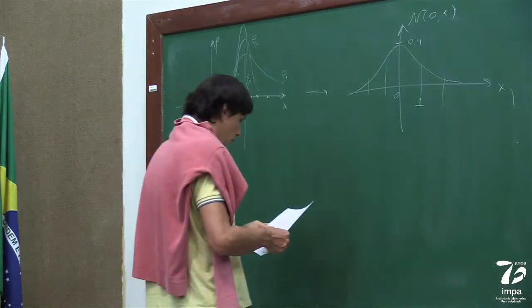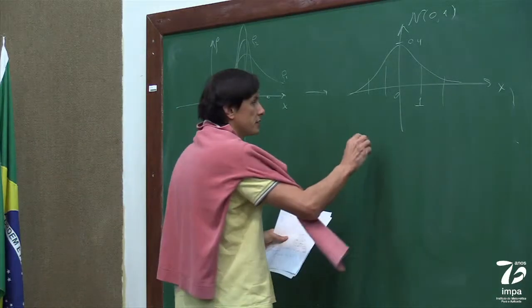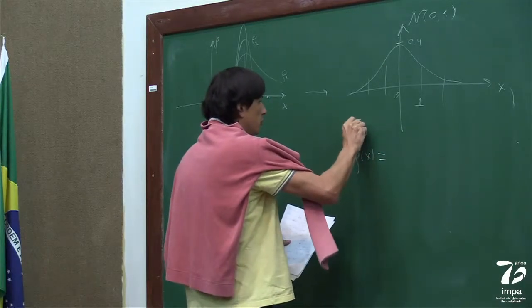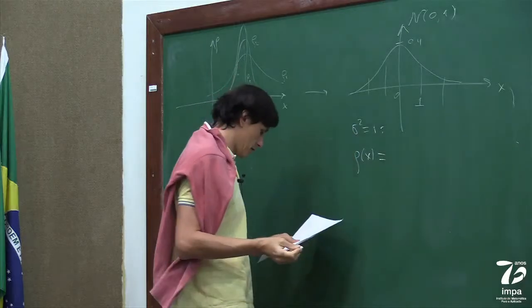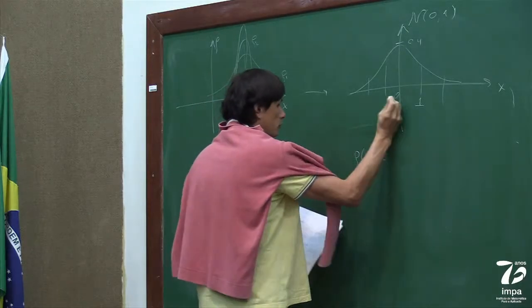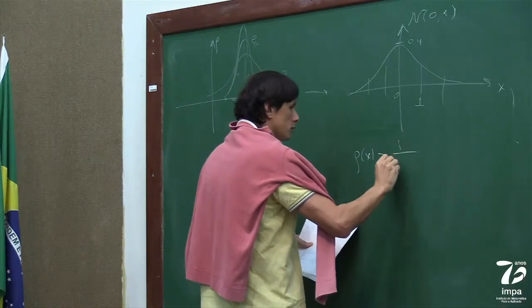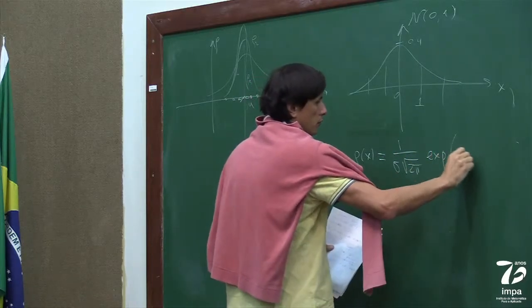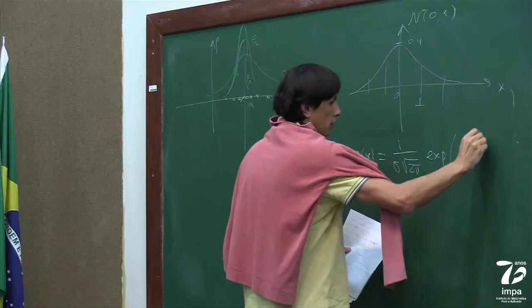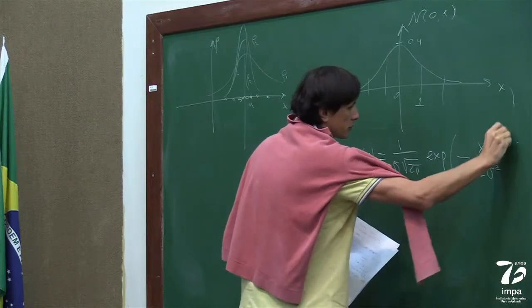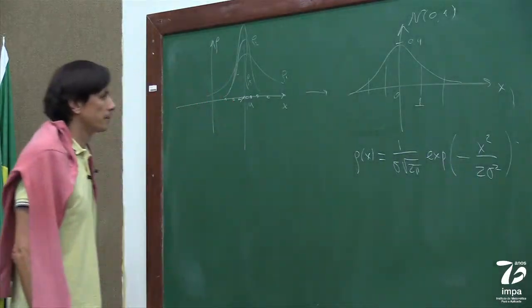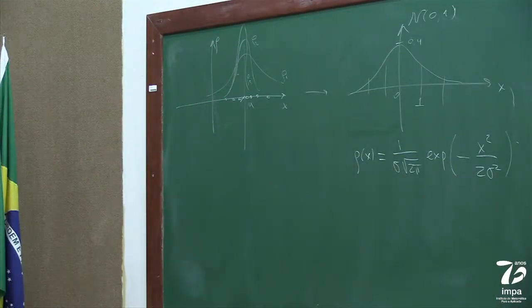The normal distribution is a density which, for sigma 1, is a density. No, not for any sigma. So it's 1 over sigma square root of 2 pi times exponent of minus x squared over 2 sigma squared. So you see, it decays as exponent of minus square very fast.